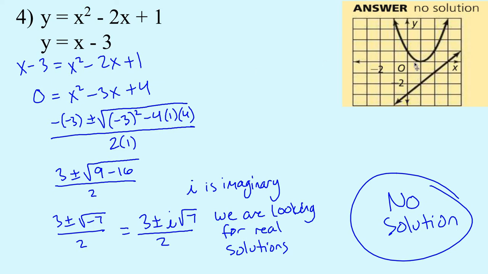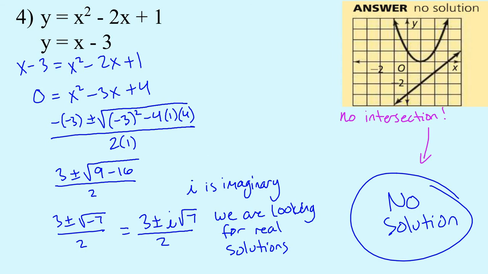There's no point of intersection. So that's what you're looking for. You can always graph it and look for the solution. There's no intersection. That's another reason it's no solution, besides this imaginary answer.